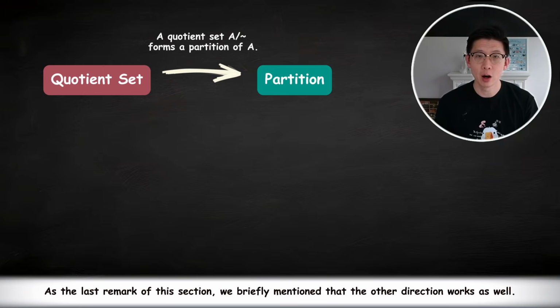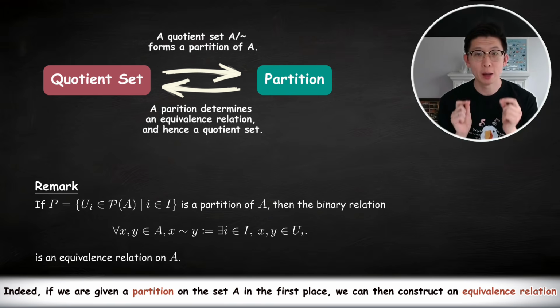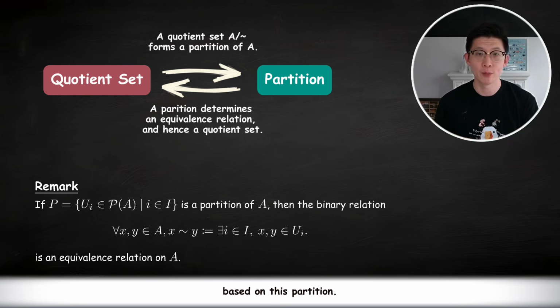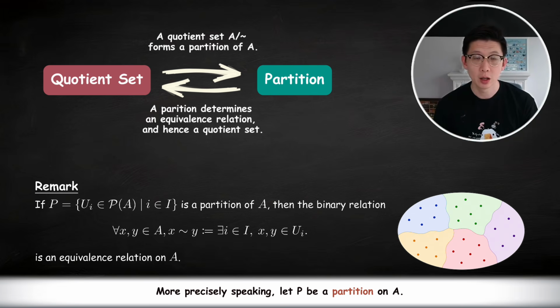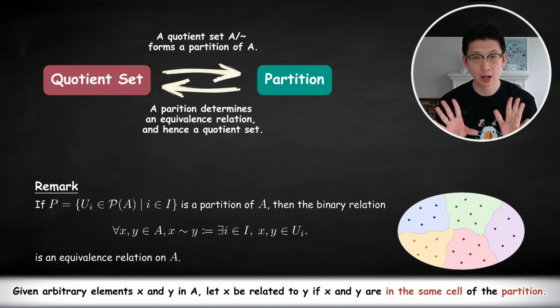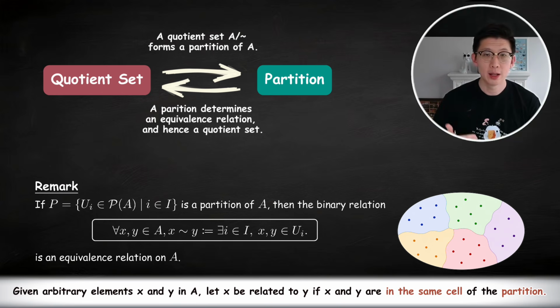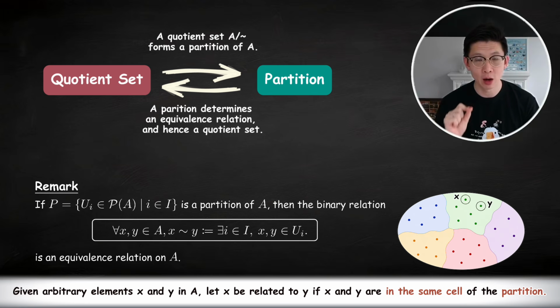As the last remark of this section, we briefly mentioned that the other direction works as well. Indeed, if we are given a partition on the set A in the first place, we can then construct an equivalence relation based on this partition. More precisely speaking, let P be a partition on A. Given arbitrary elements x and y in A, let x be related to y if x and y are in the same cell of the partition.